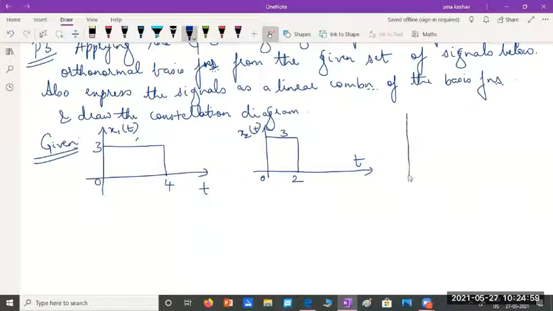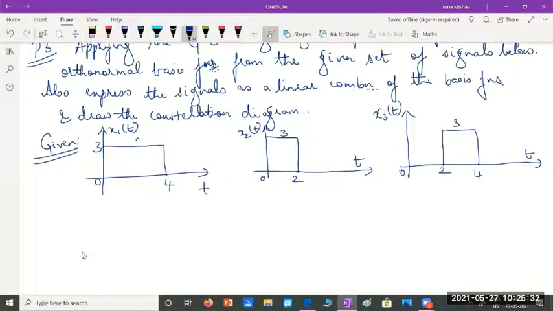And then we have x3 of t, the third signal. Instead of the signals being named S1, S2, S3, here they are named X1, X2, X3. This signal exists between 2 to 4 and it has the value 3 in this time interval. Okay, so these are the given three signals.